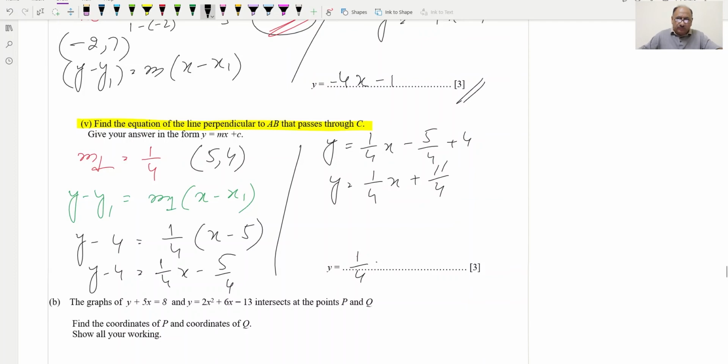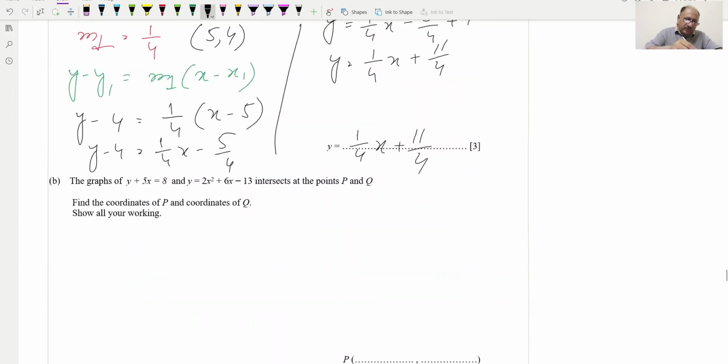Now we can move to the B part, and B part says the graph of this and this intersect at P and Q. Find the coordinates of P and Q. Show all your working also. So we are basically equating these two equations. So we will take this equation and this equation.